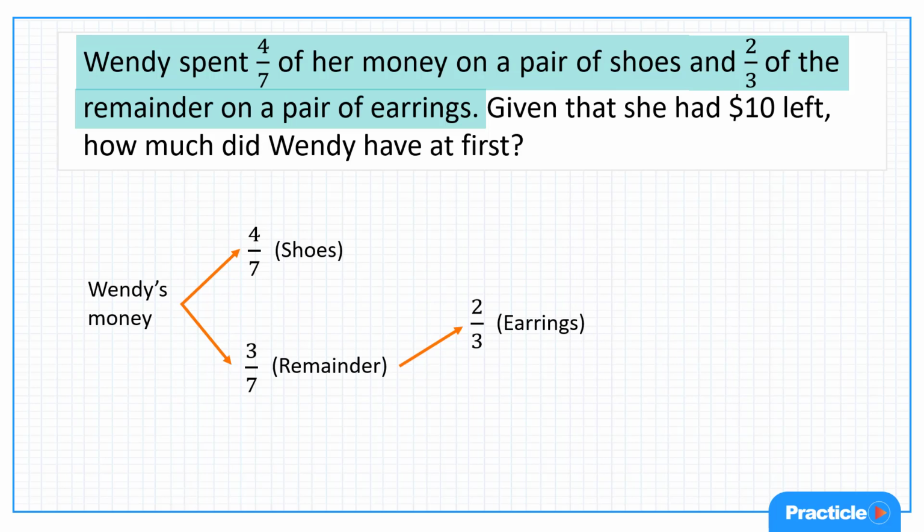The second part is what we can tell from this. Since we know that Wendy spent 2/3 of the remaining money on the earrings, she's going to have some money left after that. Agree? But what fraction of the remaining money was Wendy left with? Let's work that out by subtracting 2/3 from one whole. 1 minus 2/3 equals 1/3.